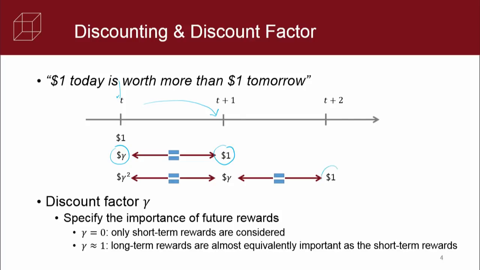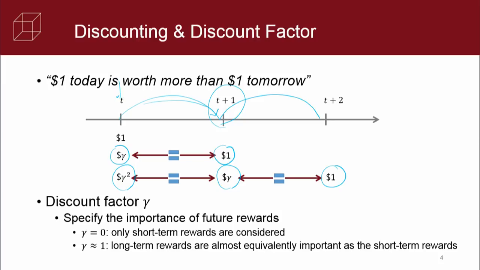Similarly, $1 in 2 periods in the future is equivalent to gamma dollars at time t plus 1, and that is also equivalent to the value of gamma squared today, in the present value. So you can think about these relationships.